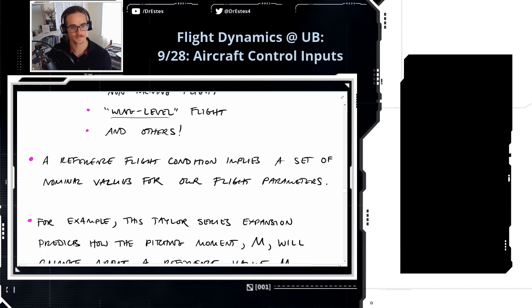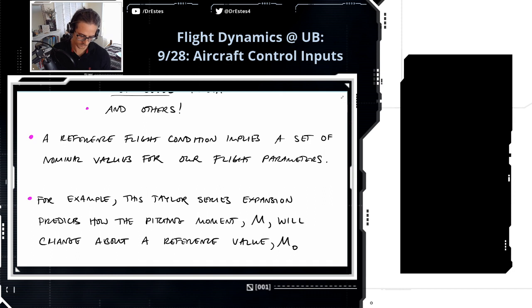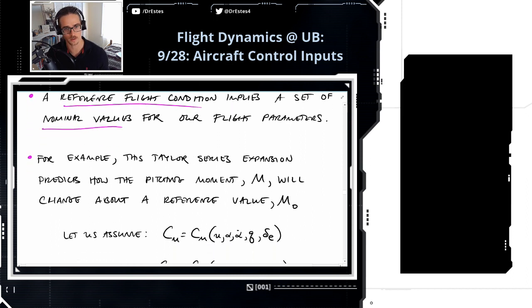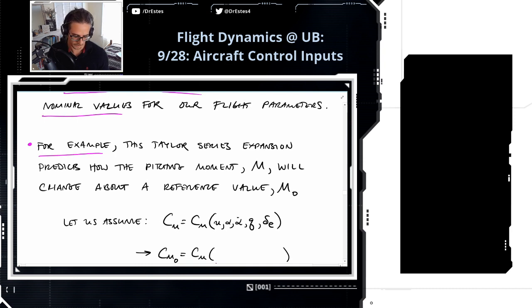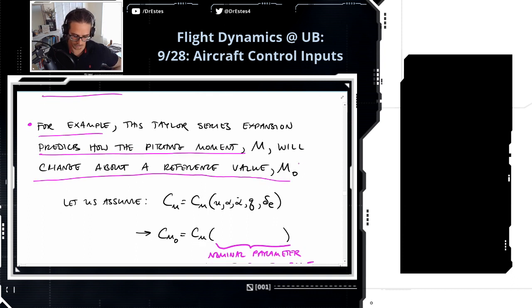Okay. So, whatever reference flight condition we come up with, it's going to imply a set of nominal values for our flight parameters that we linearize about. So, okay, we're going to do a little example. This Taylor series that we're going to look at below, or that we're going to make, it's going to predict how the pitching moment will change about some reference pitching moment m naught.